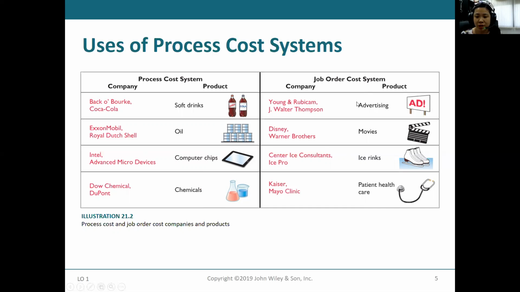And for the job order costing system, remember we produce only some unique products like advertising campaigns, a movie, ice drinks, patient healthcare. Each product normally has different characteristics, and it is according to the order of the customers.